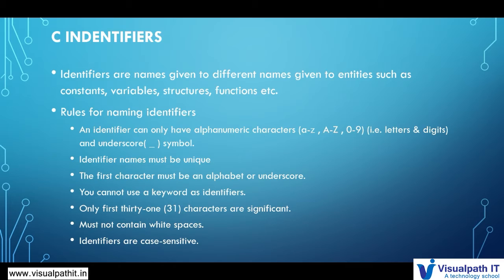Identifiers are the names given to different entities such as constants, variables, structures, functions, etc. As we discussed in the videos, a C program has different parts, and for every part we must have an identifier. For example, if we are defining a variable called age, that age is an identifier. If we are defining a user defined function, calculate sum, then calculate sum is an identifier.